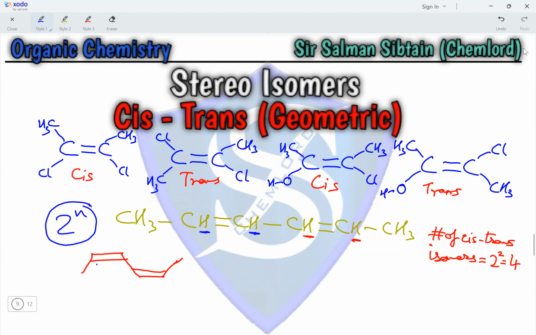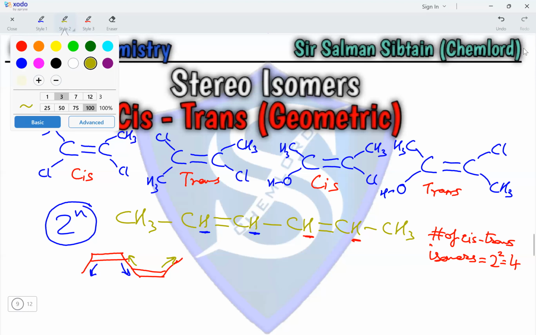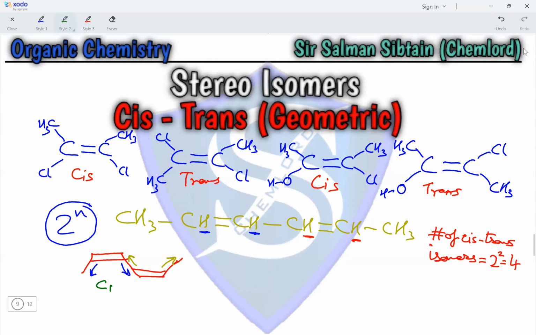Because we can see that this and this side has the bonds going down, and the other ones have the bonds going up. So the opposite sides will have the hydrogen atoms. So hydrogen atoms on the same side of both the double bonds means that this is a cis isomer with respect to the first double bond, and a cis isomer with respect to the second double bond. So this is one of the four possible isomers.